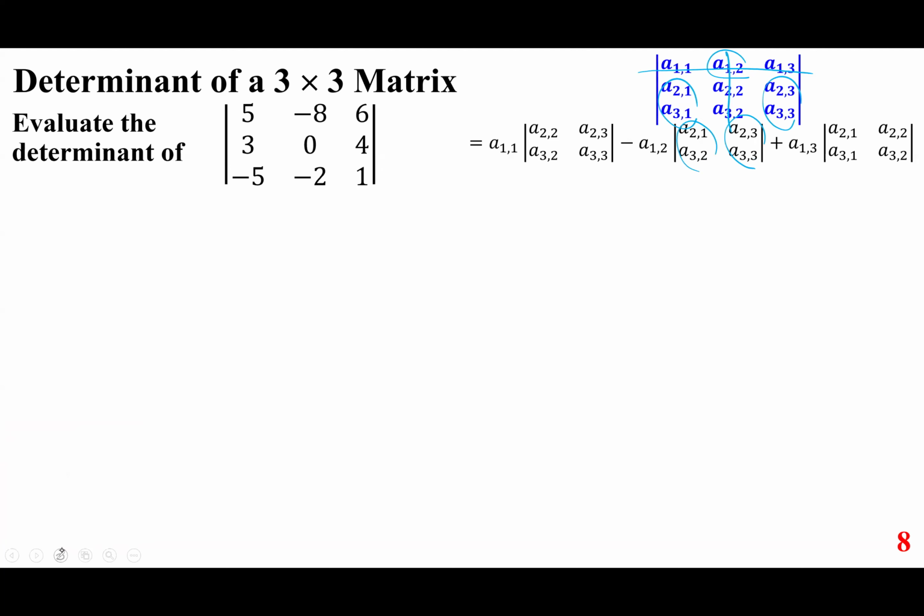And finally, if you cross out this one and multiply, you have this, and this is the determinant, because we can handle the determinant of a 2 by 2.